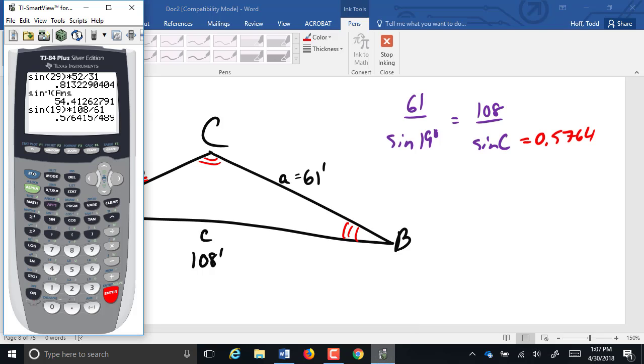So to find C, we do the inverse sine. 35.20.